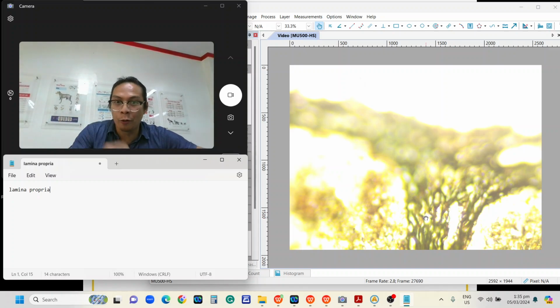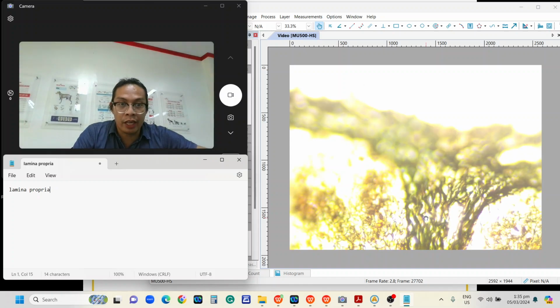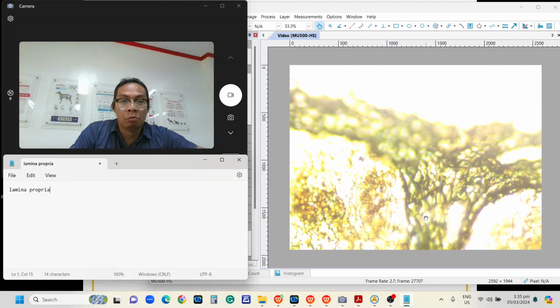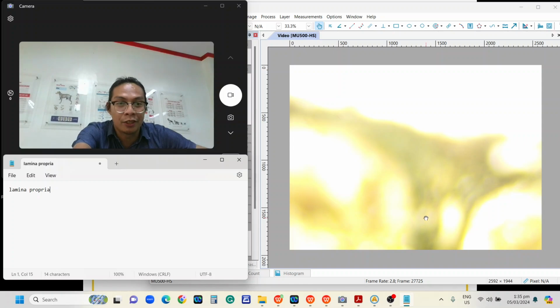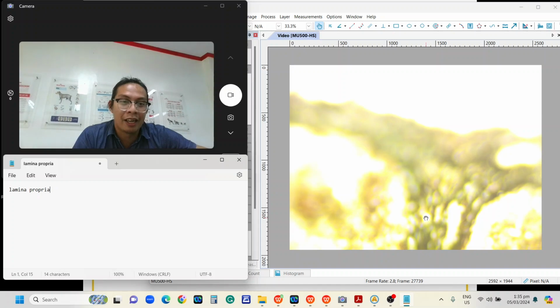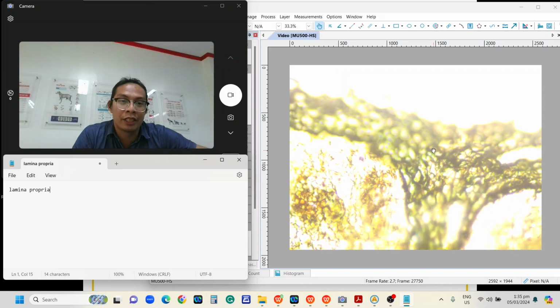When you are drawing these types of tissue, you can always move your fine adjustment knob. Kung mapapansin nyo, we are under HPO. Lilinaw siya dito sa baba, then malabo pa sa taas. When you continue it, lumilinaw dito sa taas.